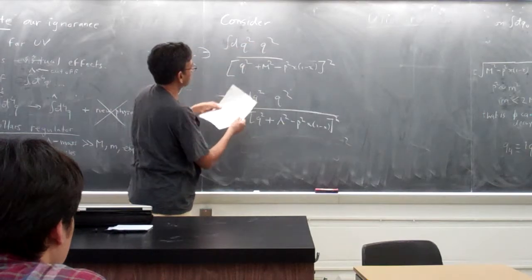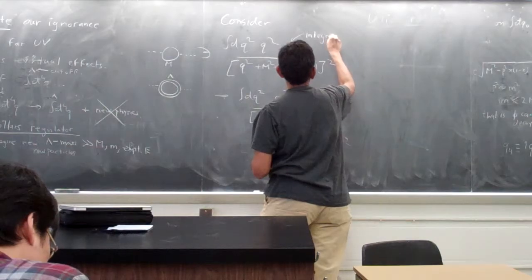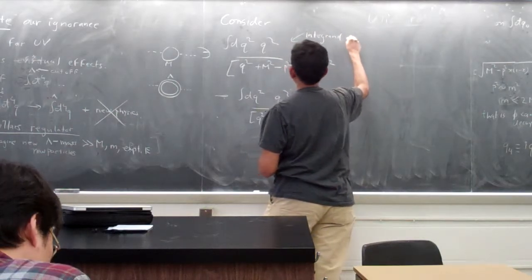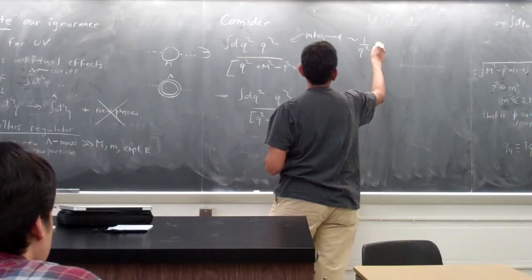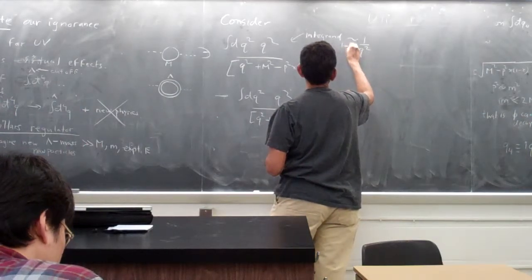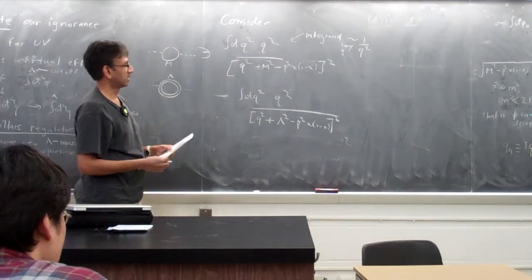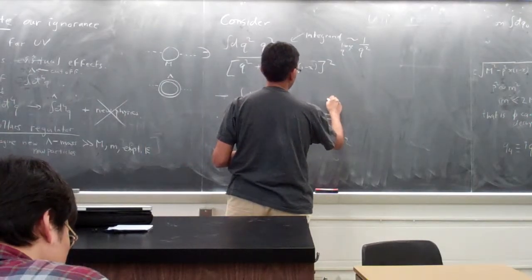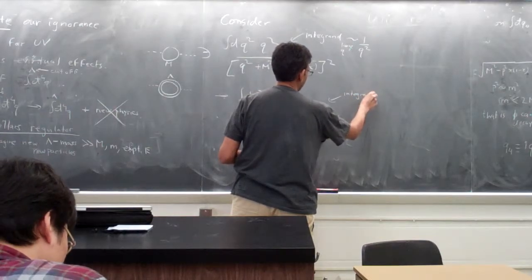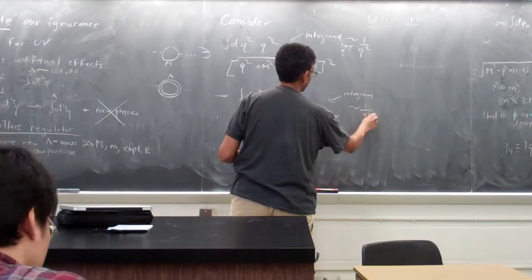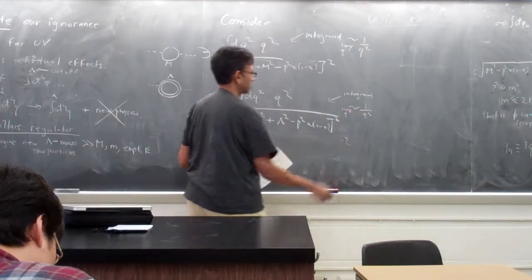This integrand for large q behaves like 1 over q squared. This is Euclidean q, okay? No ambiguity. This thing, the integrand, also behaves like 1 over q squared for super large q. I mean, asymptotically large q.